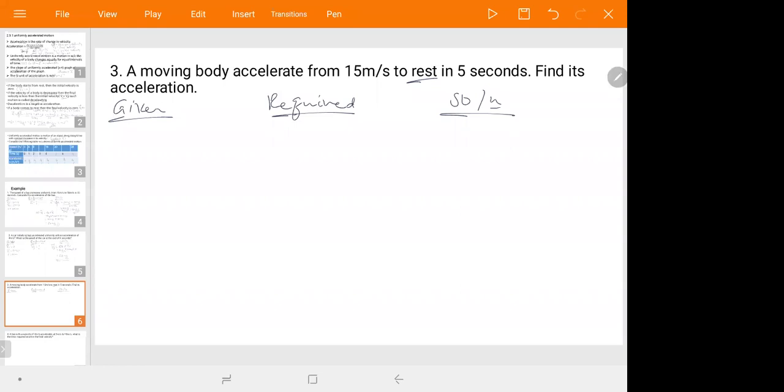I hope that when we calculate this acceleration, we will get negative acceleration.